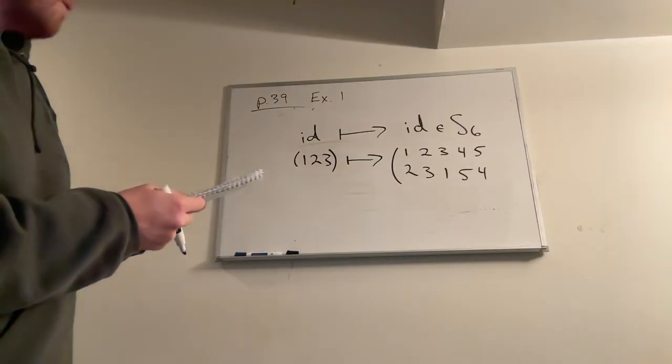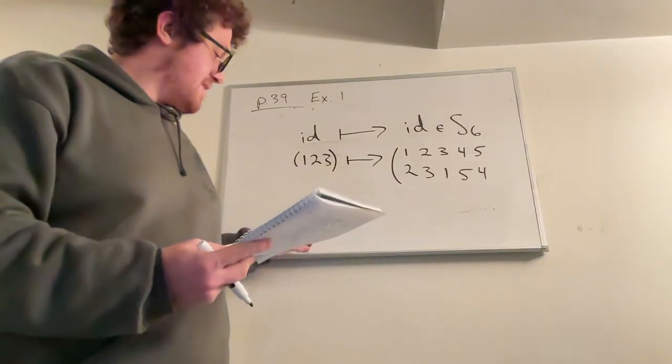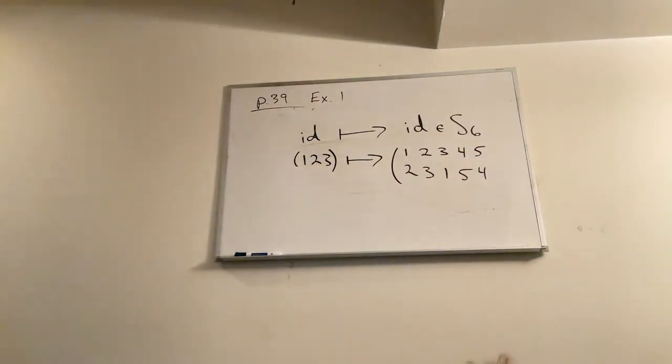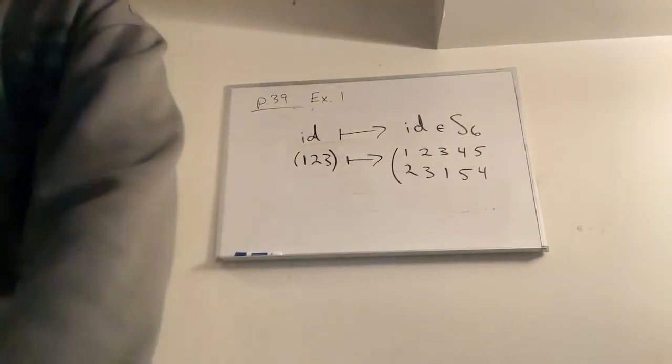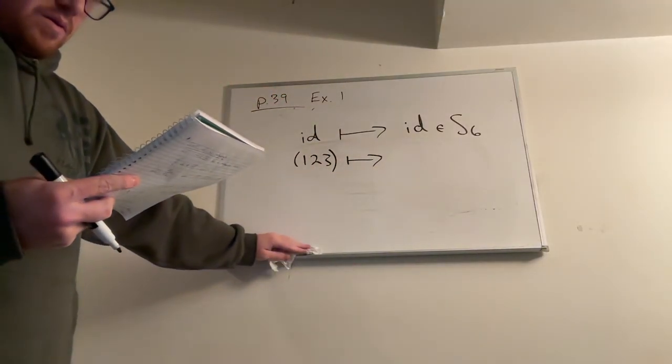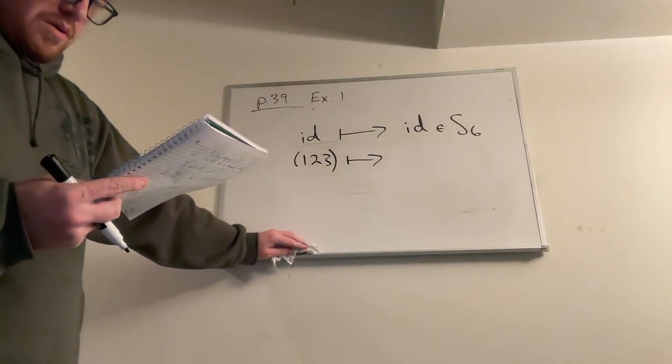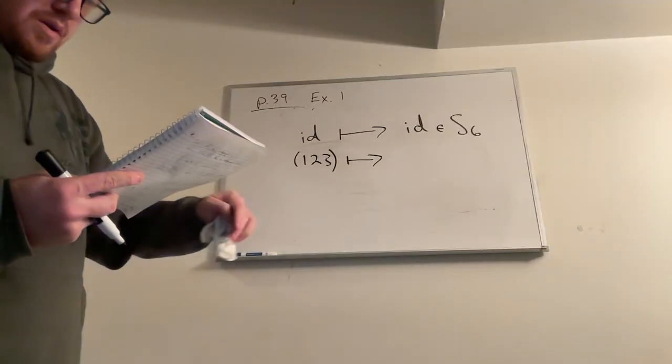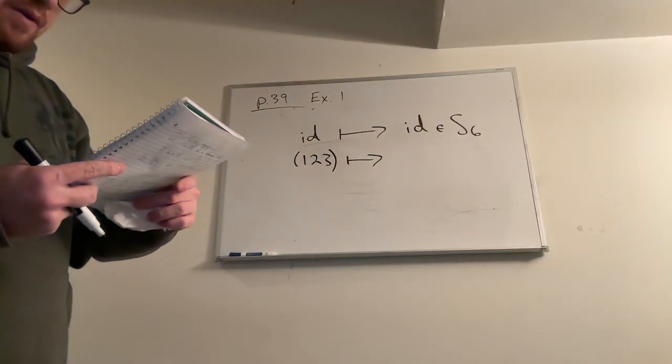Hold on. This chart is wrong. Let me just fix this chart. So 1, 2, 3, 4 goes to 5. Okay, sorry.